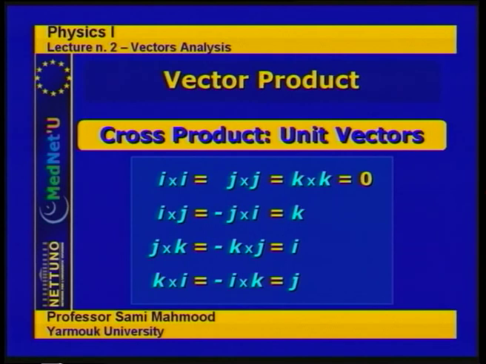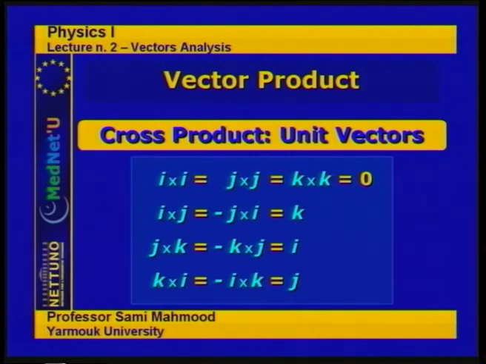Using the definition of the cross product, we realize that the cross product of any unit vector by itself equals 0. Thus, I cross I equals 0, and J cross J equals 0, and K cross K equals 0.